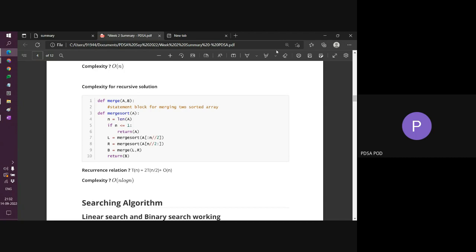For instance, in insertion sort, if the list is already sorted, you get O of n. That's the best case, right? But for the lower bound, you can say it will at least take omega of log n, because it will take at least O of n.